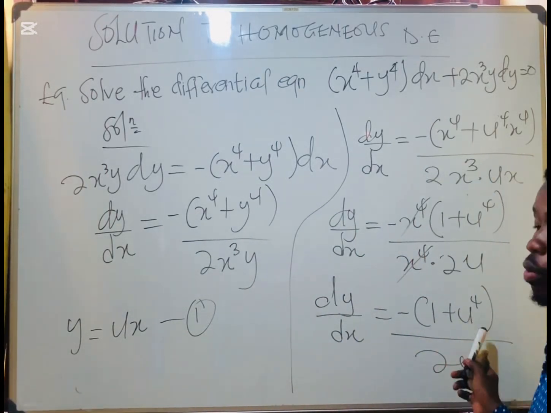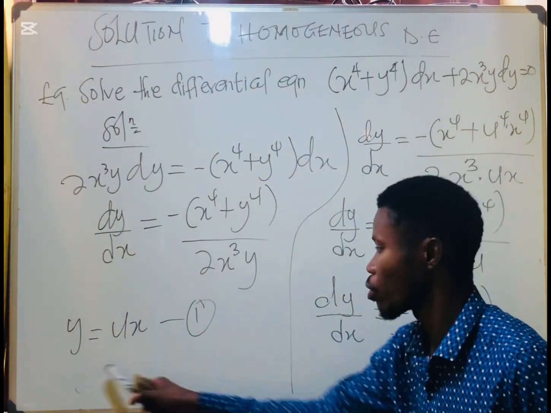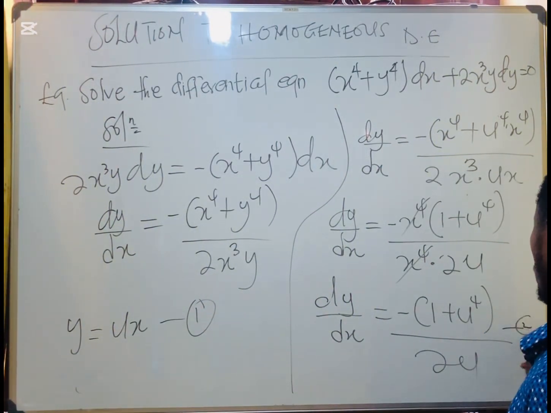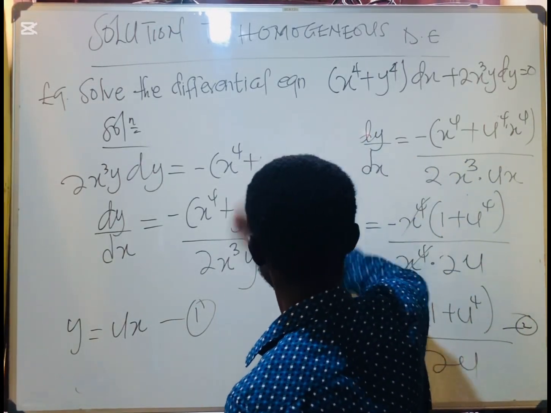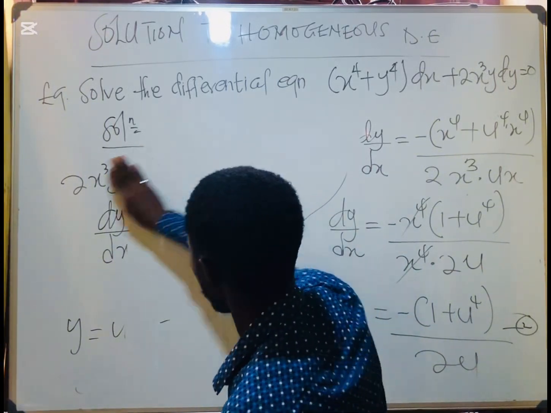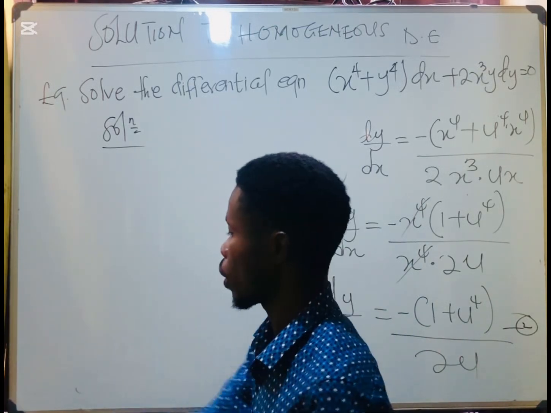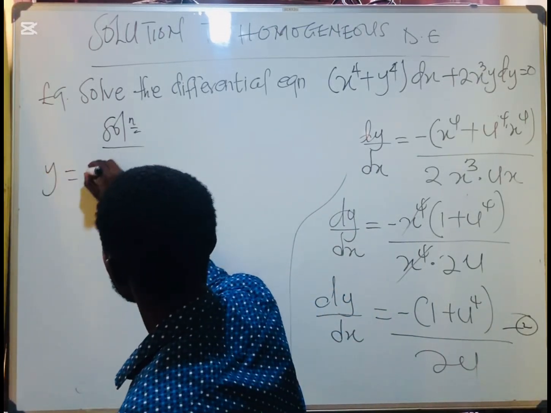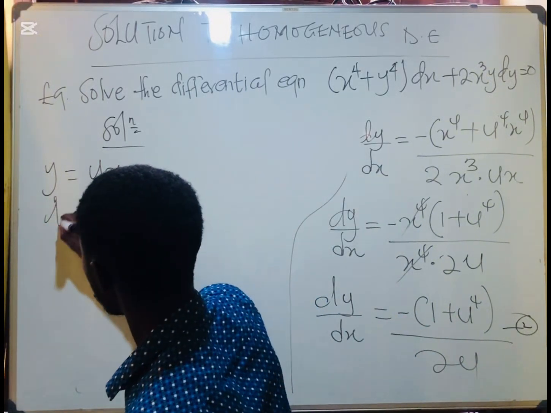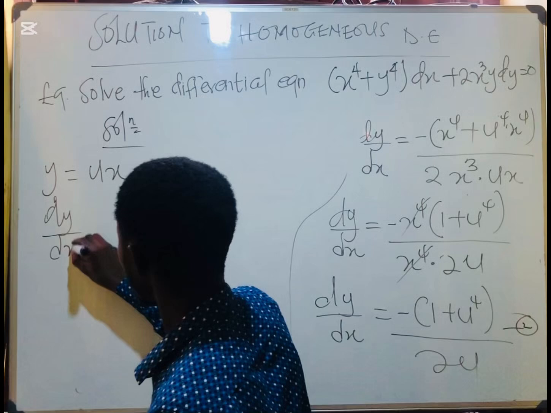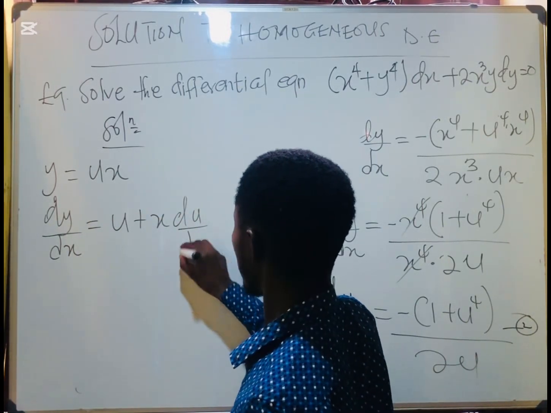Now that we are done with this, it's not right that dy/dx equals something in terms of u. So let's name this one equation 2, and come back to the transformation. The transformation is y = ux, so we need to differentiate it. That gives us dy/dx = u + x du/dx.